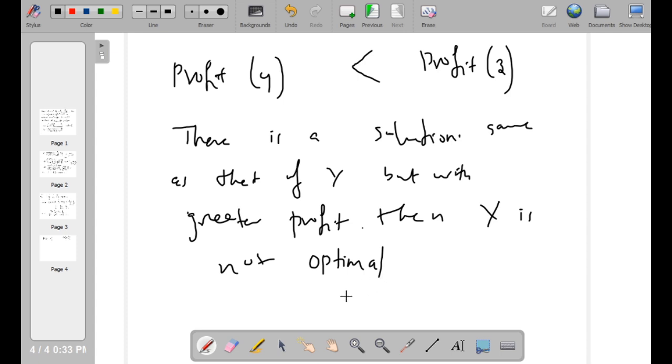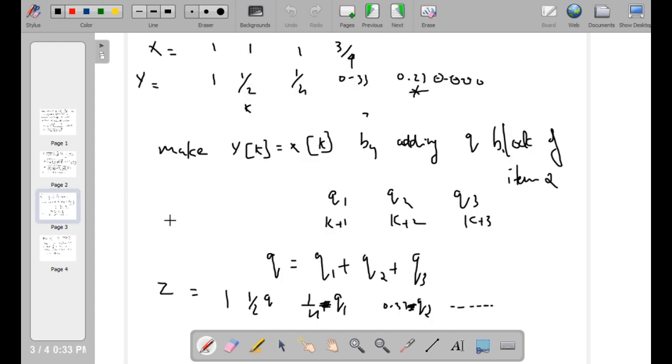Okay, and if we repeat this, this time we made this Yk equal to Xk. So these two cells are the same now in our solution and in Y's solution. So next time we repeat the same thing by making these two cells equal.